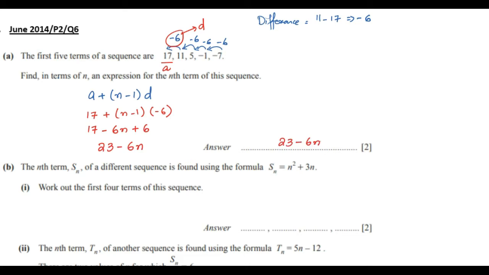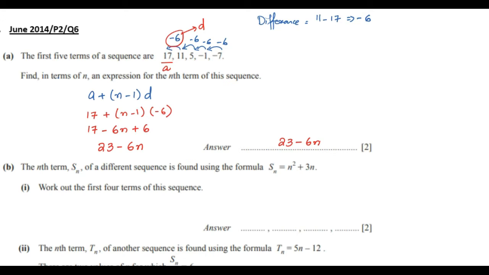Now in the next part they are saying the nth term Sn of a different sequence is found using the formula Sn is equal to n square plus 3n. Work out the first 4 terms of this sequence. To find the first 4 terms when the nth term is given, we substitute n as 1, then 2, then 3, then 4.